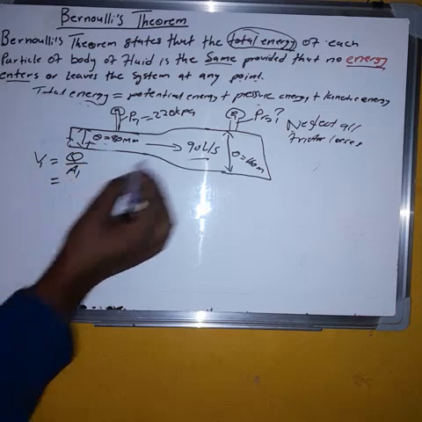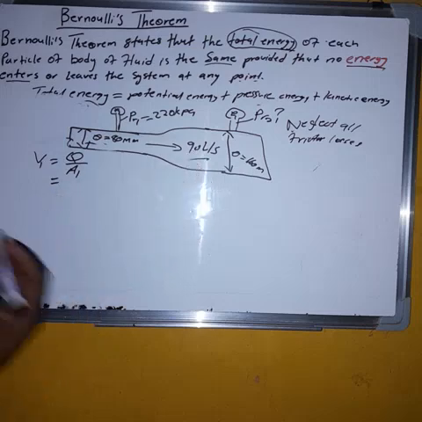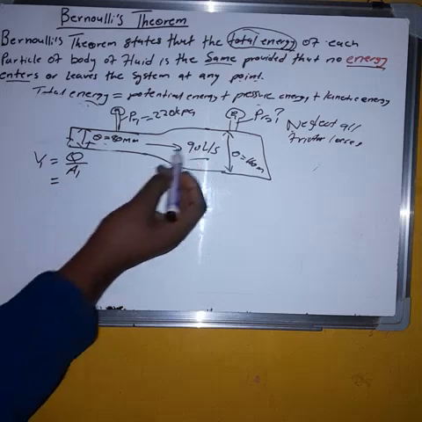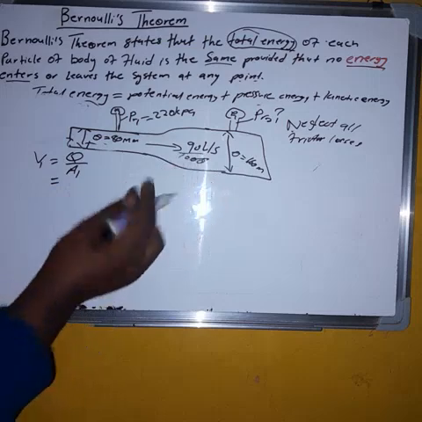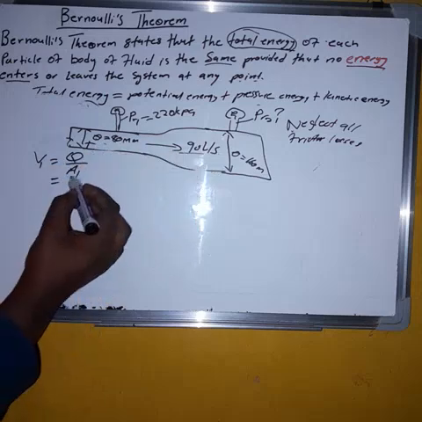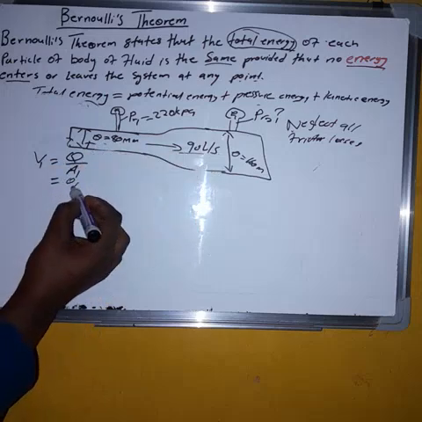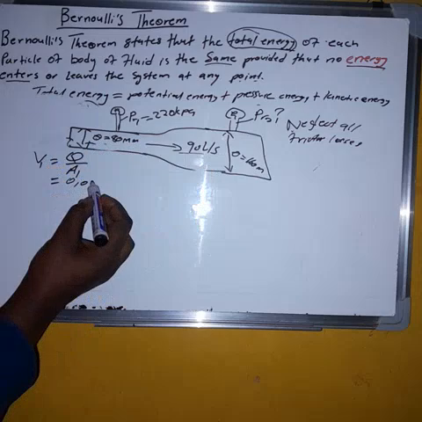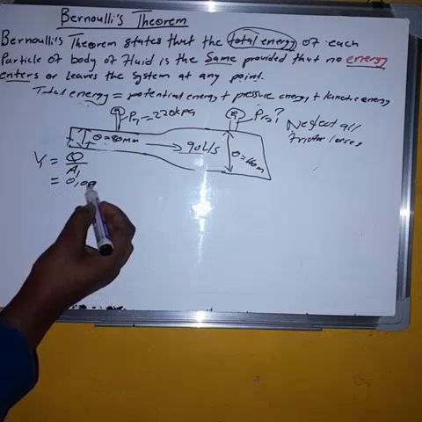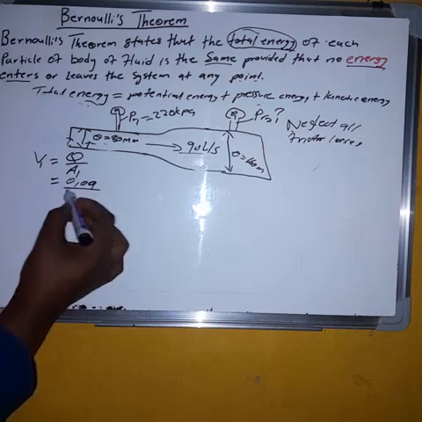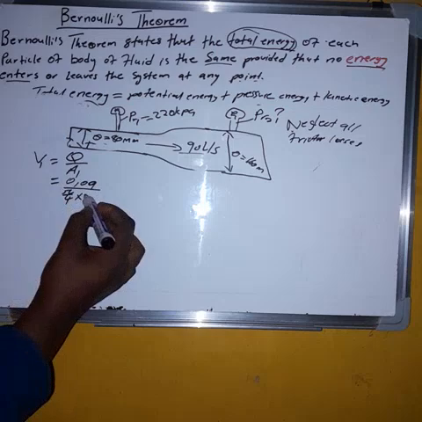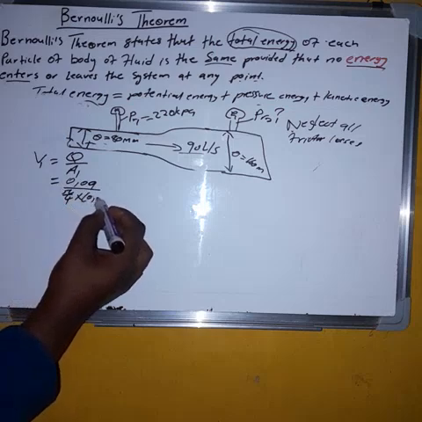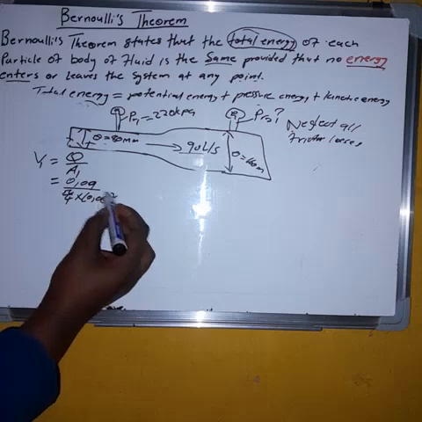We should convert this. When you convert, we divide by 1000, so this will be 0.09 divided by pi over 4 multiplied by 0.08 squared.